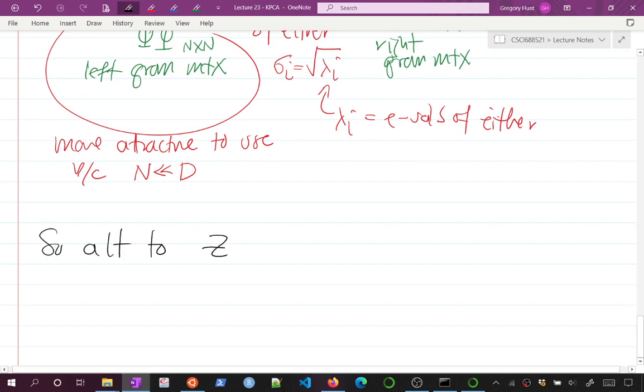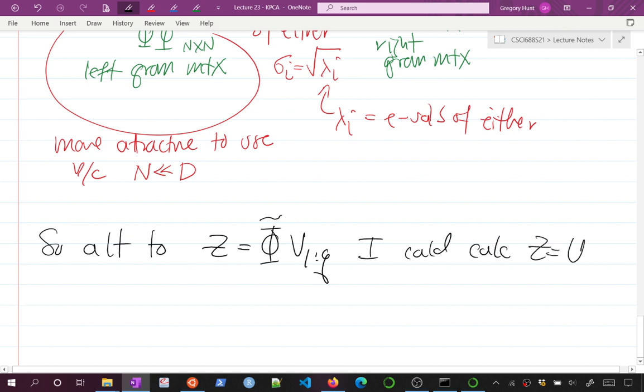So an alternative to calculating Z, which we said is phi tilde times V 1 to Q, I could calculate Z as U times sigma, and I could just pull off the first Q columns of that.